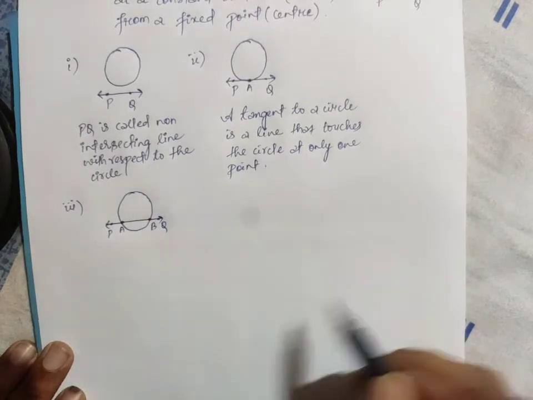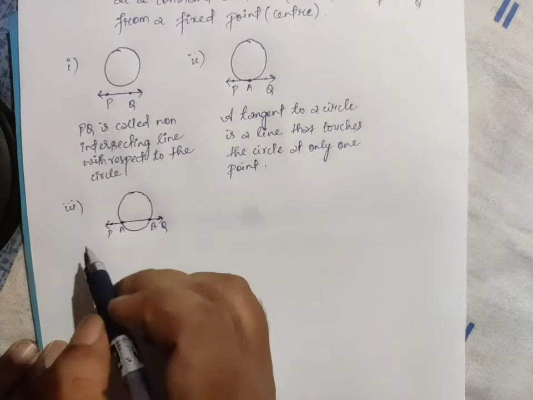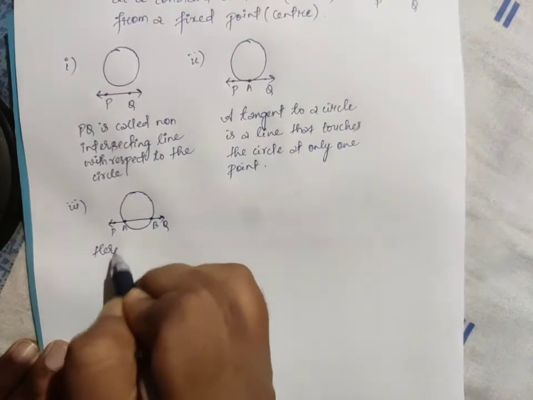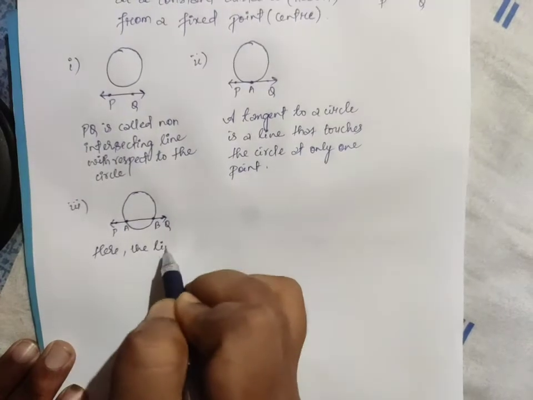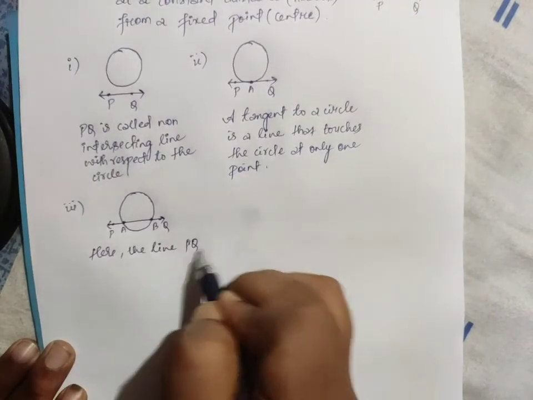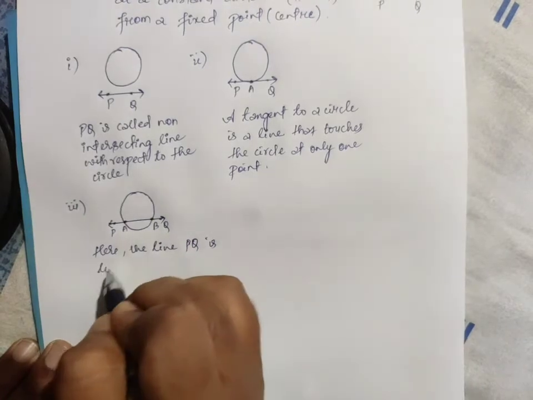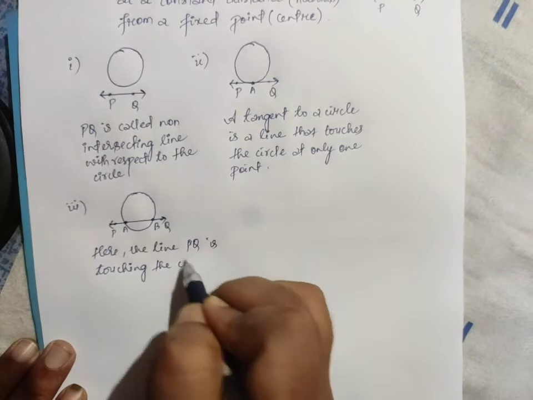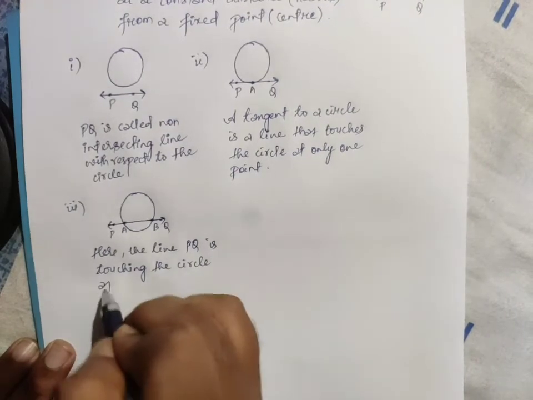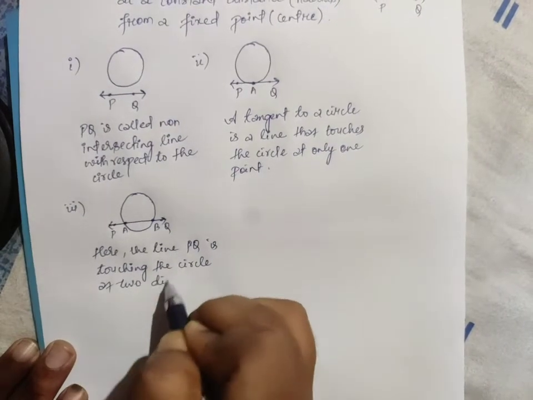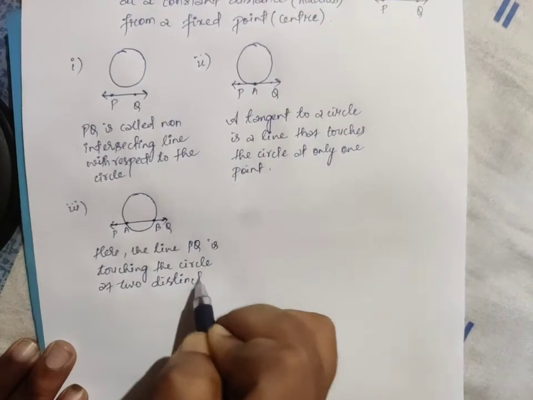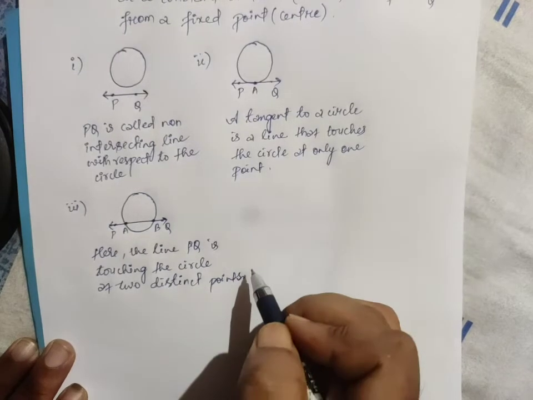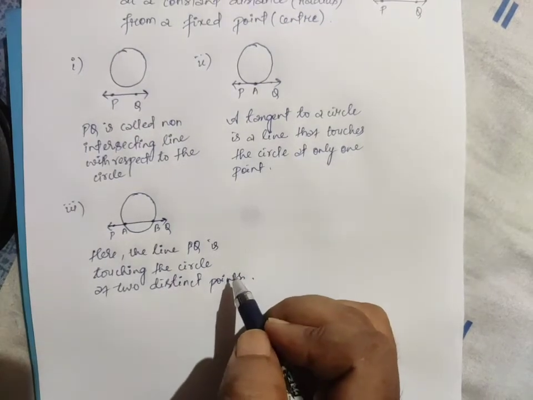So what do you call this type of line? These are called secants.